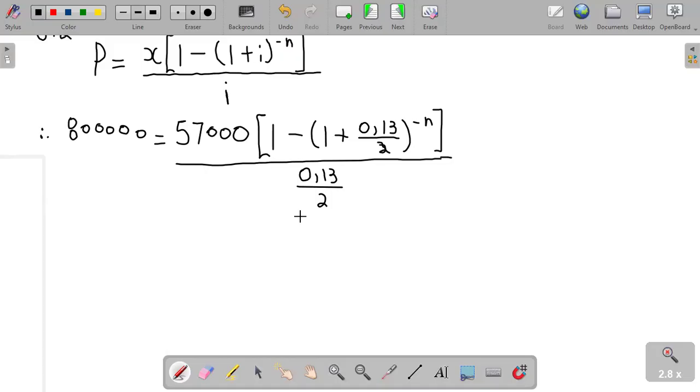And then we must find n, isn't it? We must find n here.